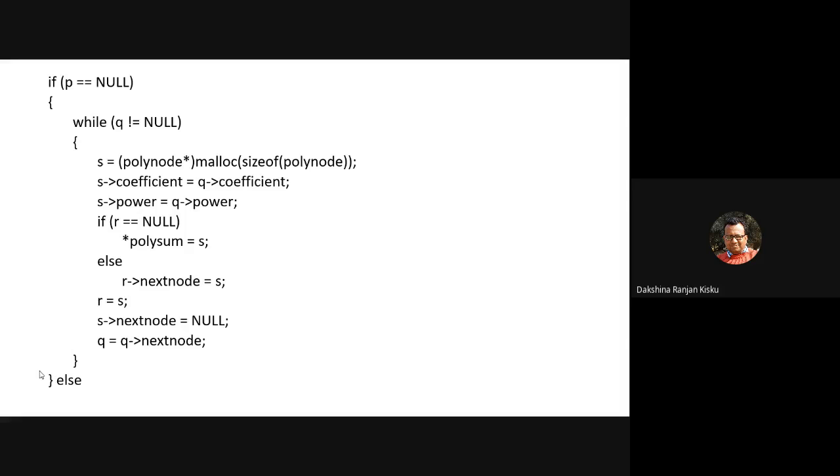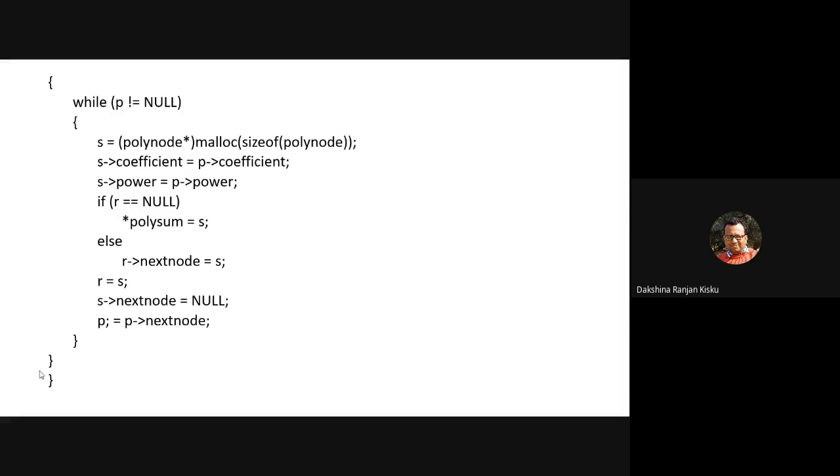Now in the other case, we can have p non-empty and q empty. So in that case, what will happen? The coefficient and exponent part of all the non-zero terms of the p polynomial will be assigned to s coefficient and s power, and then the same steps will be repeated here.